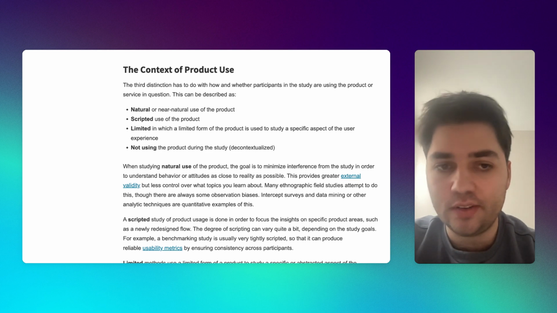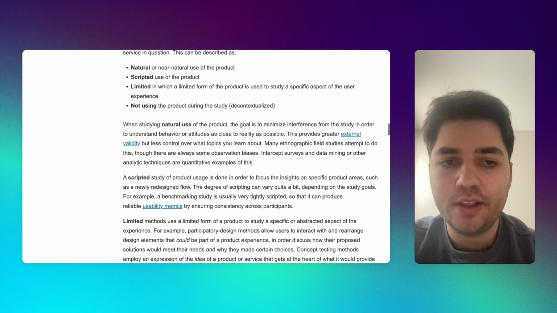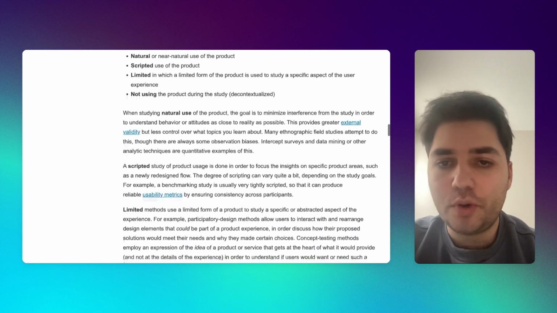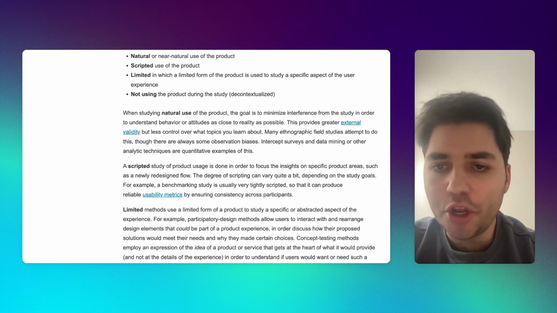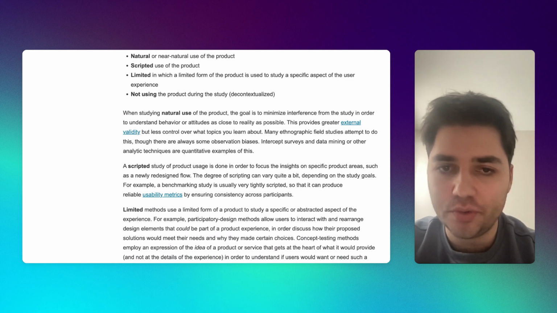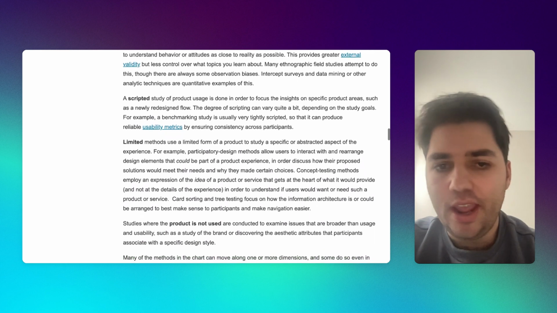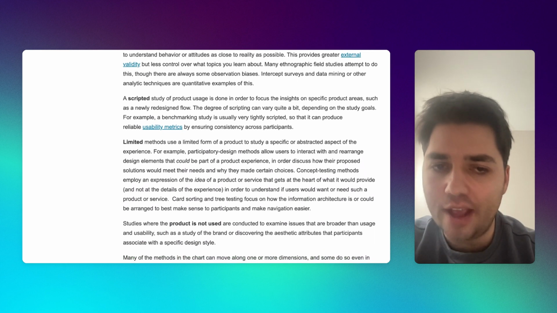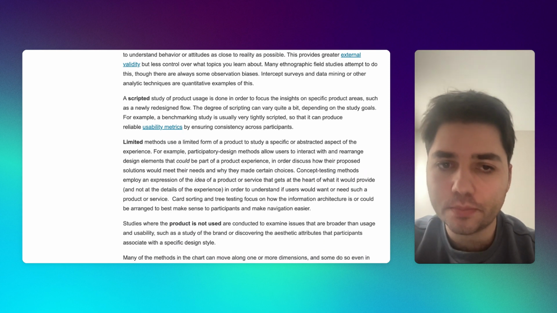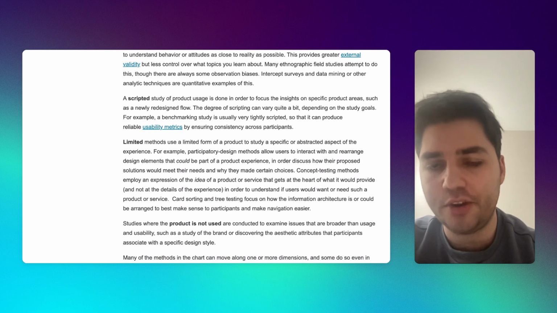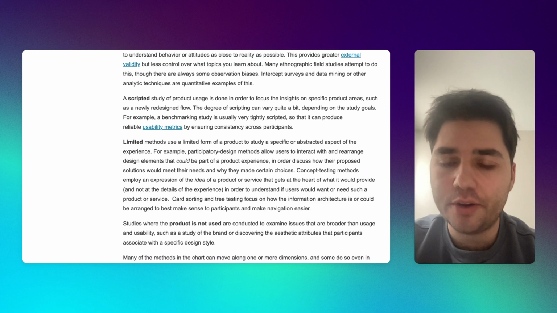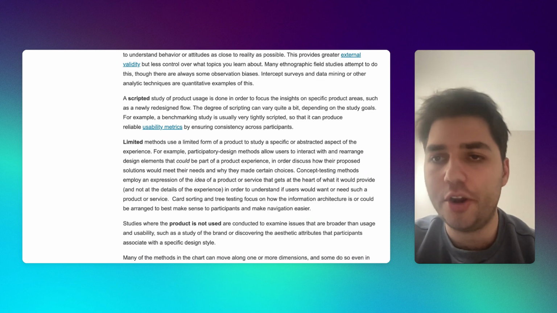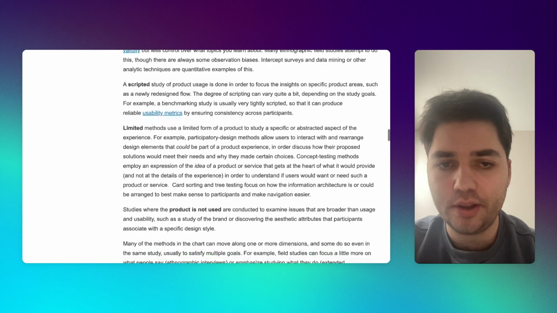Limited methods are used when you're looking at just one specific aspect of a study, just that specific use case. And a decontextualized context is when you're not asking about usage or usability, but you are interested in potentially the study of the brand or something broader than just usage and usability.